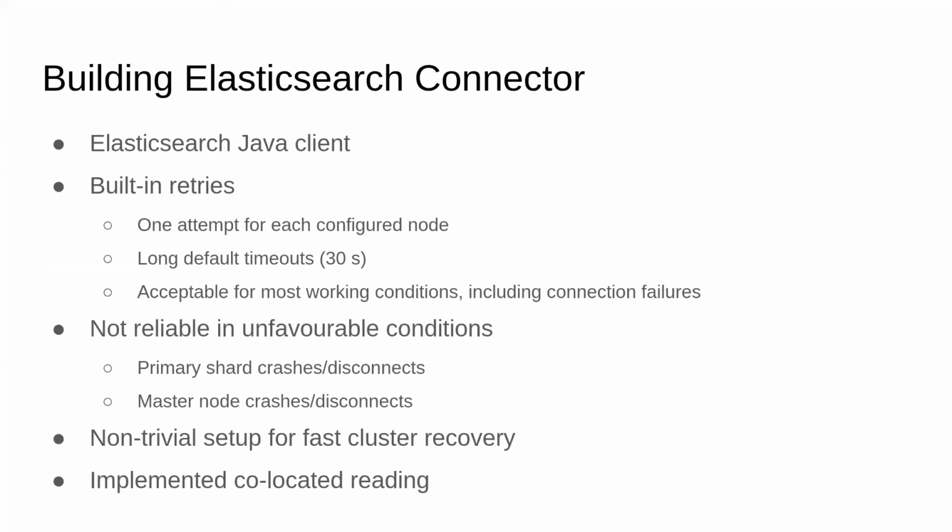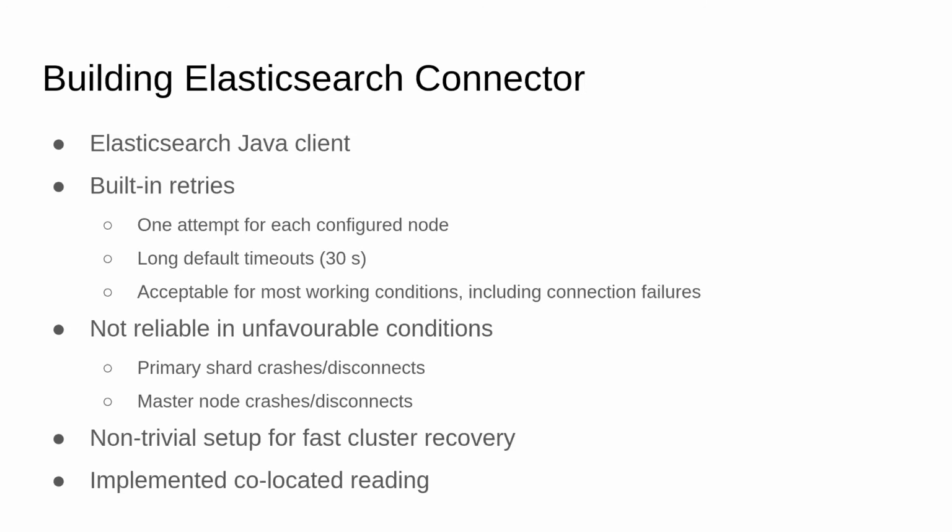In the end, we chose to use the Java client, despite the fact that it brings a lot of dependencies on Elastic Core, on Lucene, but it provides a familiar API to the users. And this is something that we wanted to provide to our users as well. So basically, when someone who already uses Elastic and tries to use Jet with Elastic, they have a similar API.